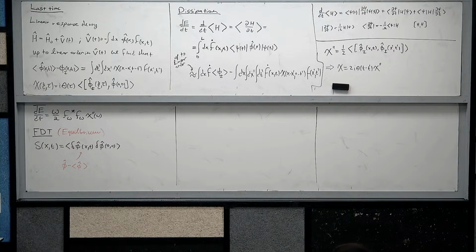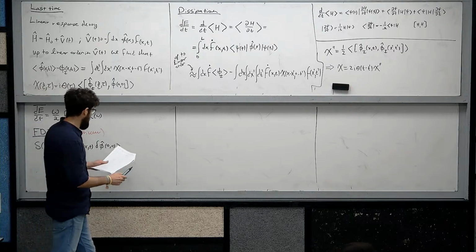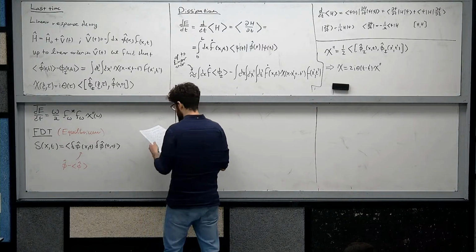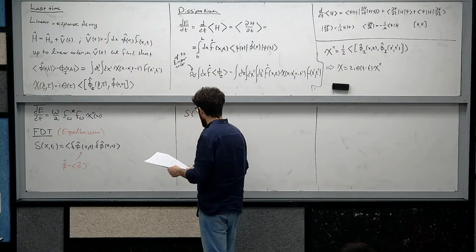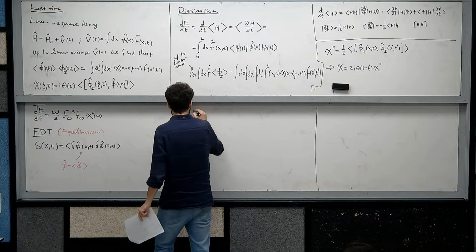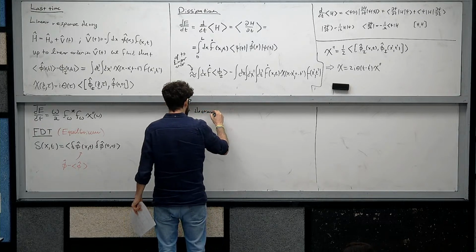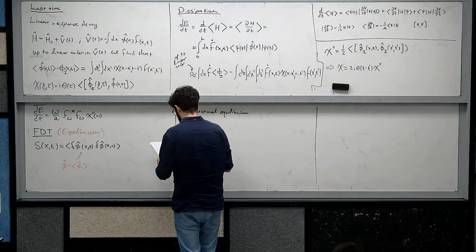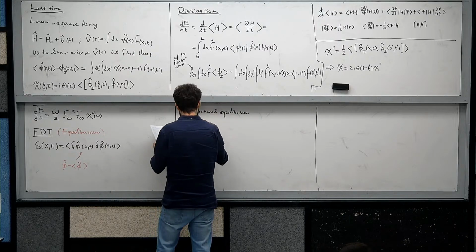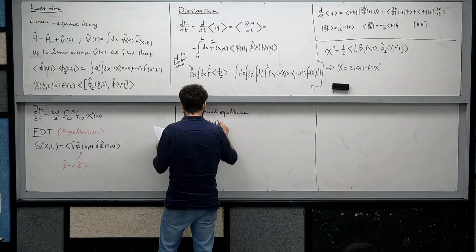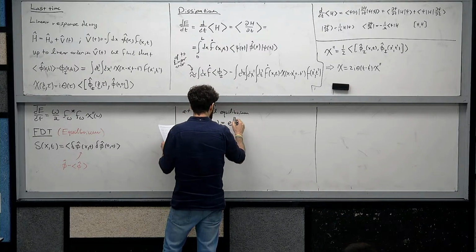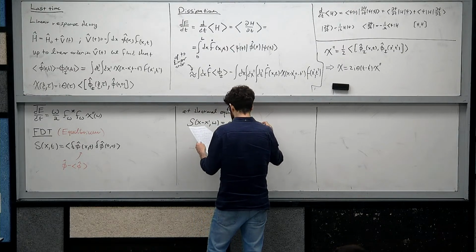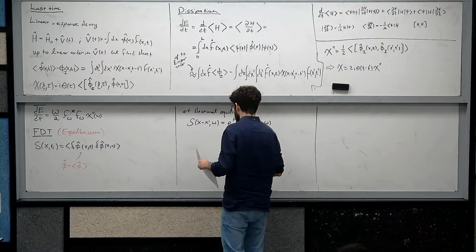And for these fluctuations, at thermal equilibrium, we found that S of x minus x prime and omega is equal to e to the beta omega S of x prime minus x and minus omega.